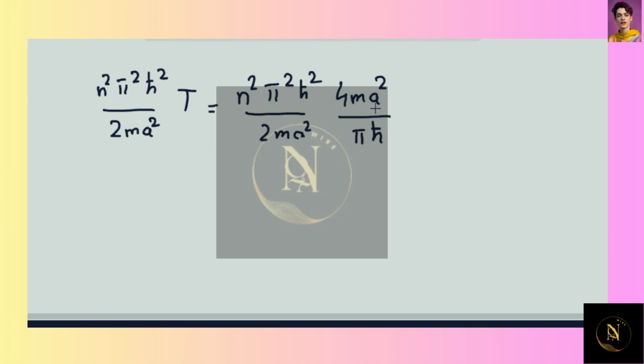So if we just calculate this expression, we will get 2π n². Here π cancels with this one, ħ squared cancels here, a squared cancels, m cancels here, and 2 and 2 give us 2π n².